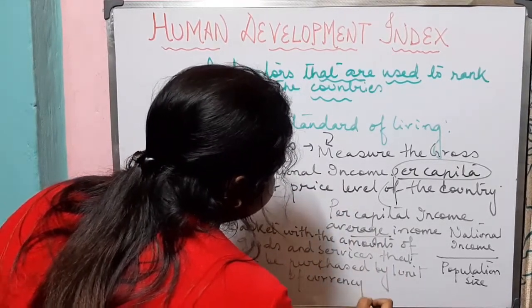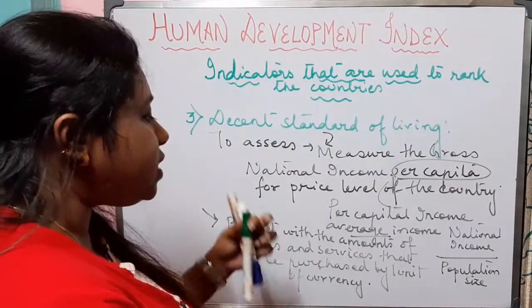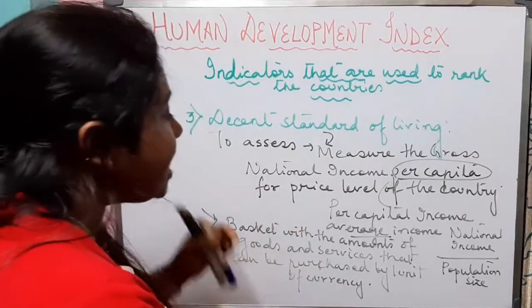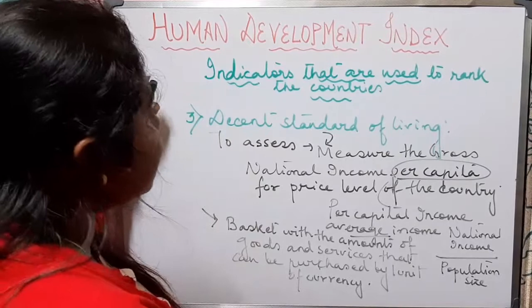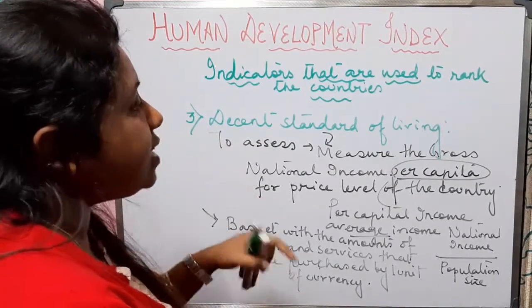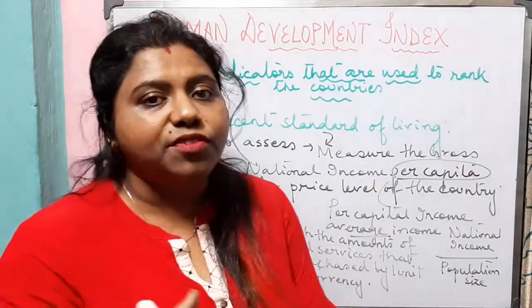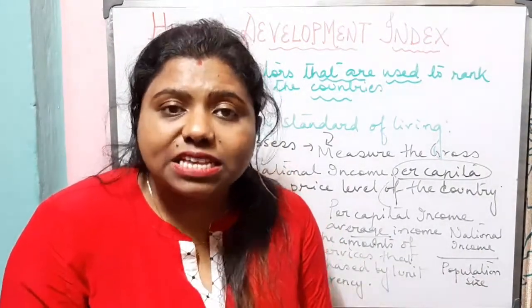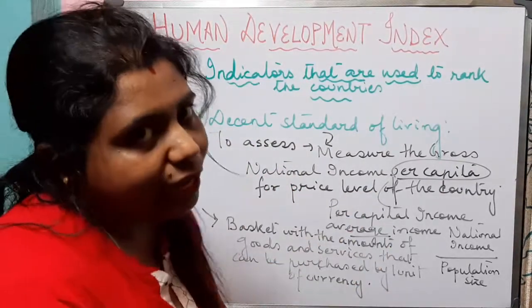Now, every country has its own basket value on the basis of its varying currency. So, per capita income is another important indicator that is used to measure the Human Development Index, and it gives us information on the condition of the people living in a particular country, how their standard of living is, and this can be well assessed by the per capita income.